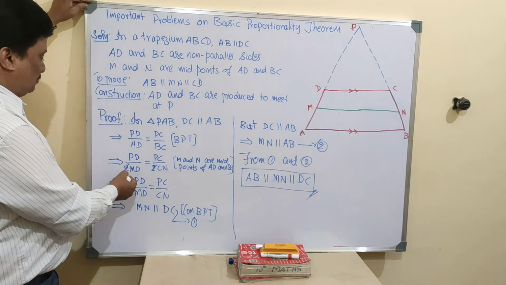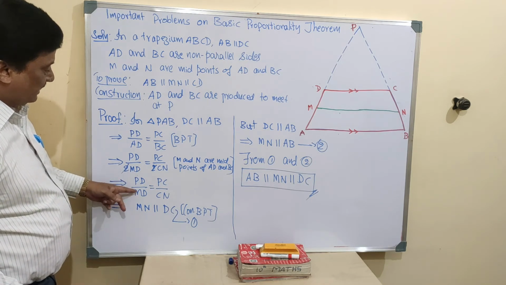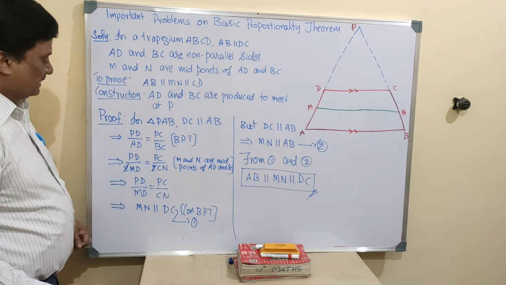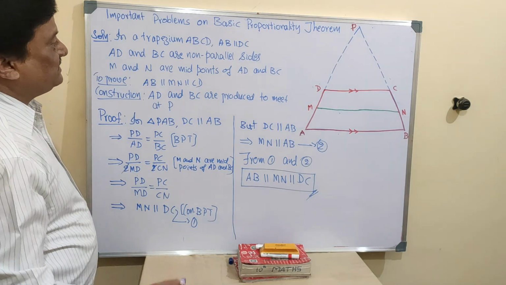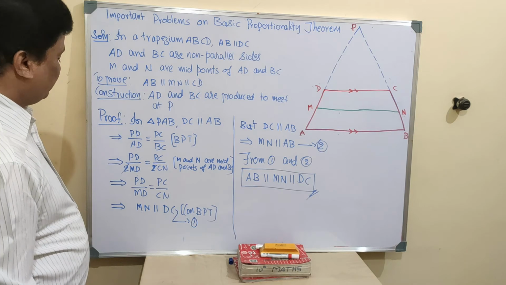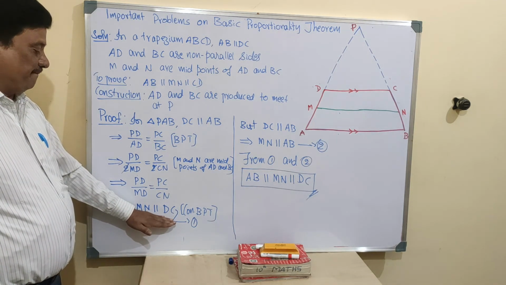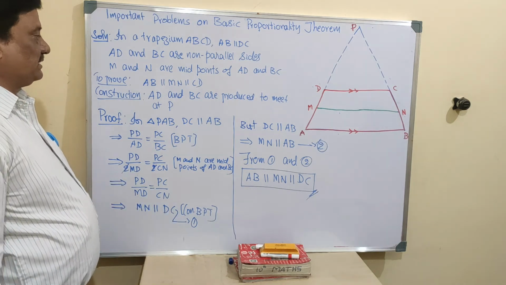So this 2 and this 2 get cancelled. Therefore, what remains? PD by MD is equal to PC by CN. It means DC divides PM and PN in the same ratio. Therefore, MN is parallel to DC. Let's call it equation 1.